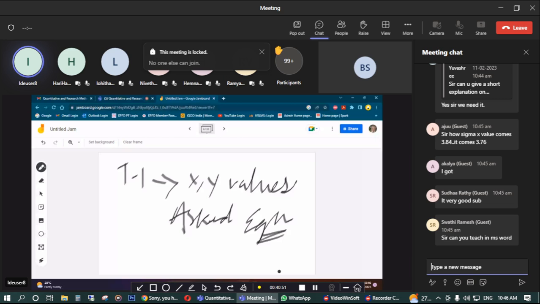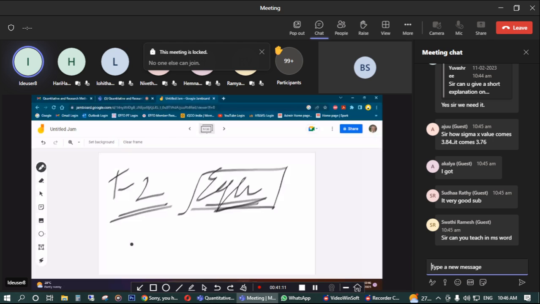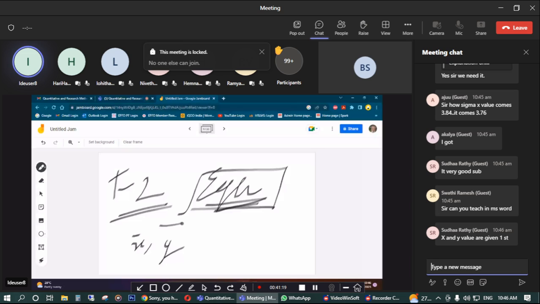X and y values given, equations asked. But in type 2, they will give you the equations. They will ask you to find out the x bar value, y bar value, sigma x value, r value, and sigma y value. Understood?